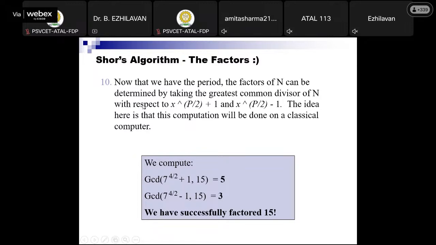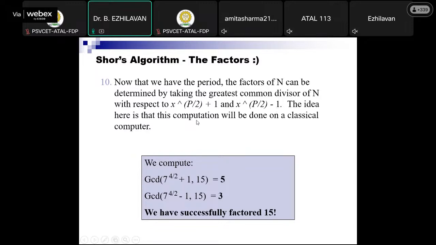Now here, Shor's algorithm, step 3, factors. Once we have the period, the factors of n can be determined by taking the greatest common divisor, GCD, of n with x power p by 2 plus 1 and x power p by 2 minus 1.